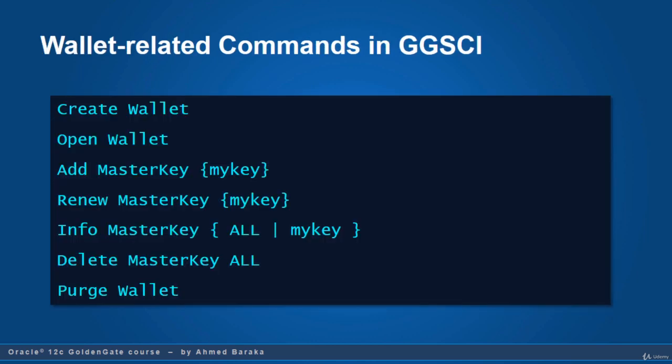This slide is showing the list of commands that you usually use to manage wallet files. Those commands are easy and self-descriptive. You use them to create a wallet, open it, add a master key, renew master key, obtain information about the master keys created in the wallet, clear the wallet from all the keys, and purge the wallet.